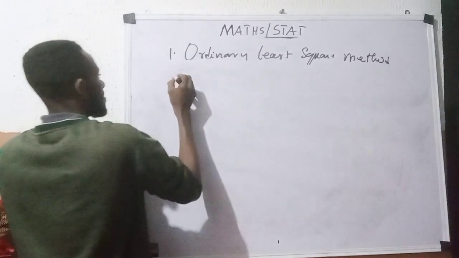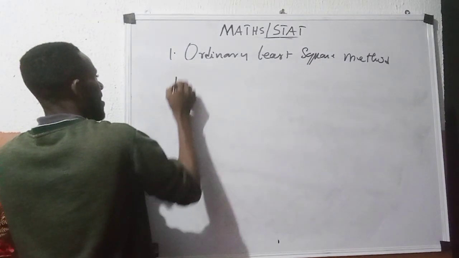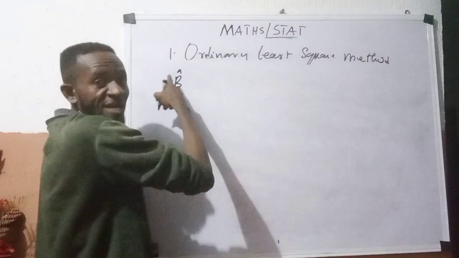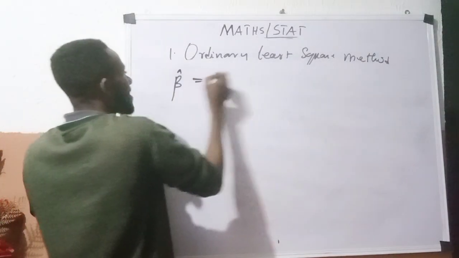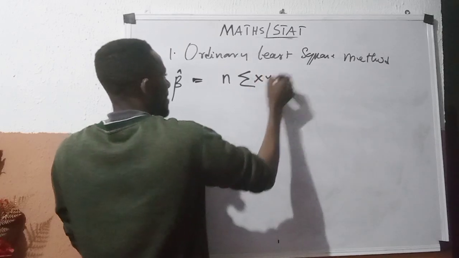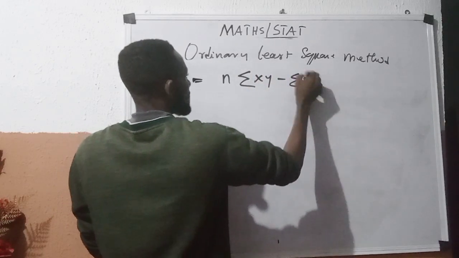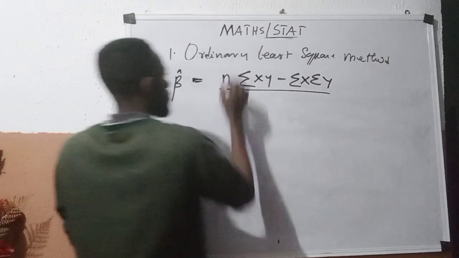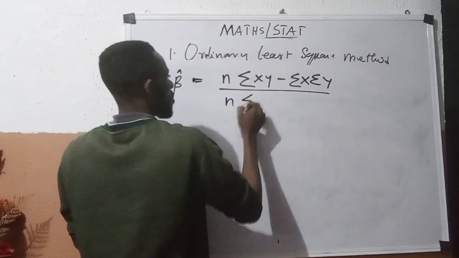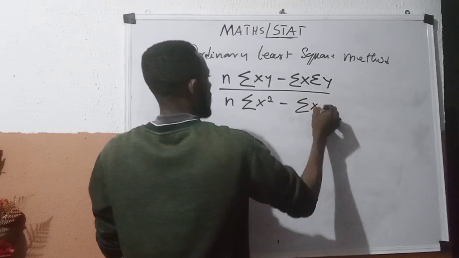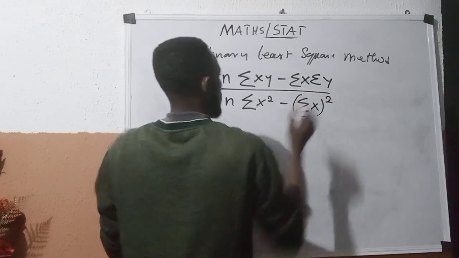We have that my beta cap, I am now talking about estimates, is given as n summation of xy minus summation of x times summation of y, all over n summation of x squared minus summation of x, all squared.